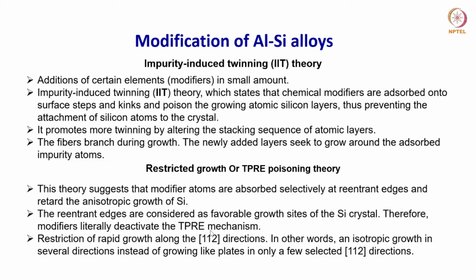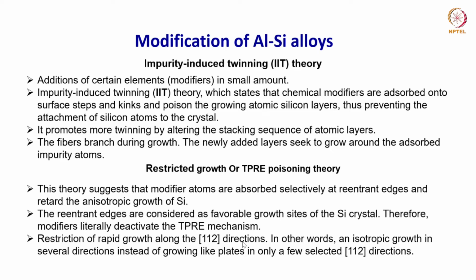Okay, as I was mentioning, it will prevent the silicon atoms to get attached to this kind of reentrant edges, and therefore you can expect the anisotropic growth to stop. Okay, so the restriction of rapid growth along that particular direction, along the 1, 1, 2 directions, will occur. Okay, the growth in these directions will be restricted because of this poisoning effect.